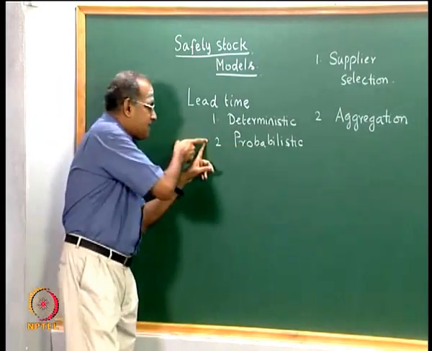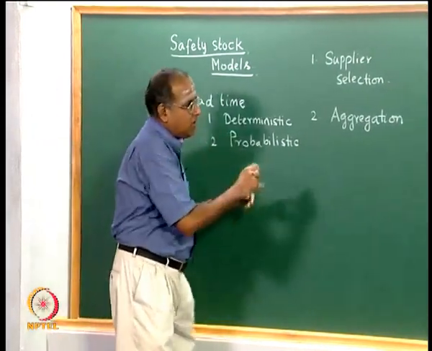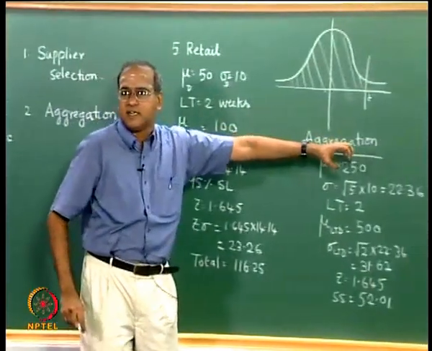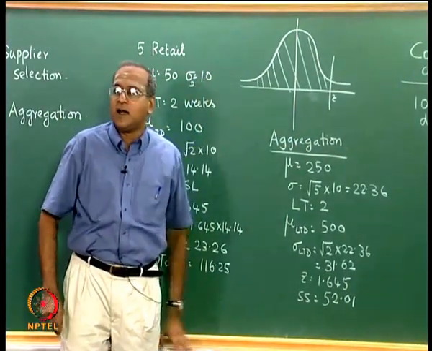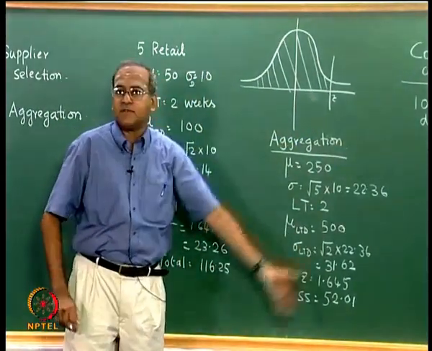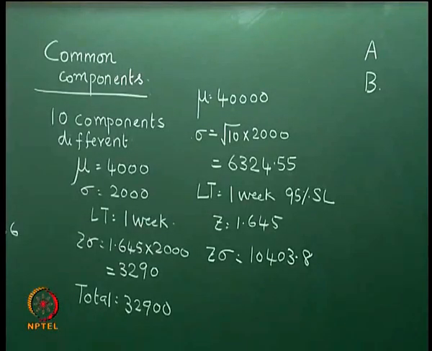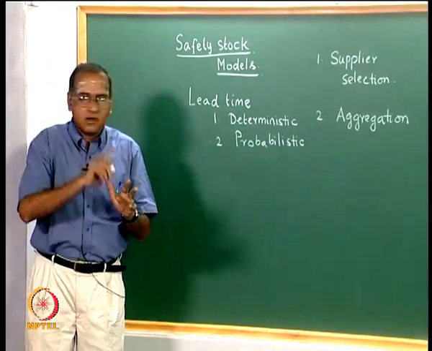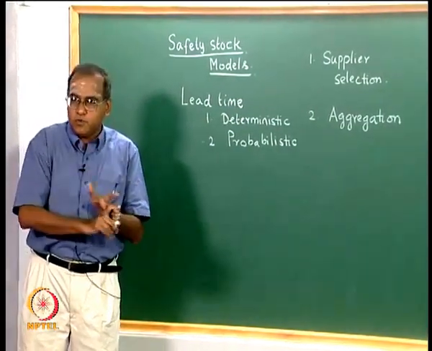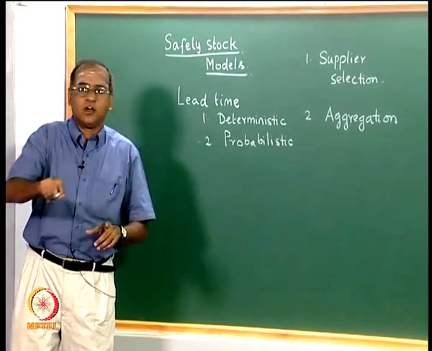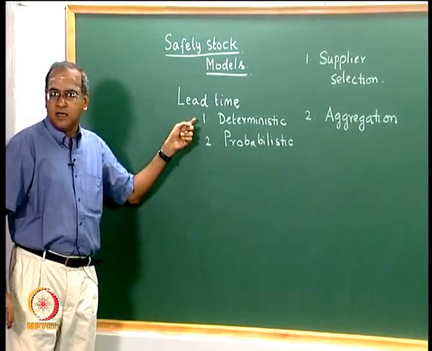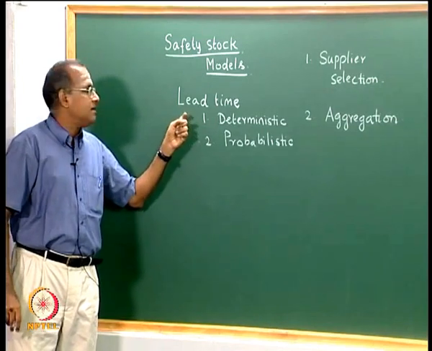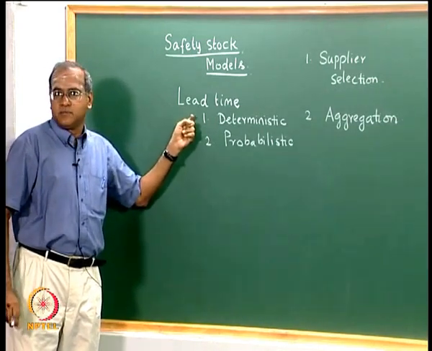So if we are in this territory, then even though this can give us a slight advantage, the total cost would be very high, because in any case the safety stock will be high. So the first thing that organizations have to do in order to benefit from things like aggregation, component commonality, delayed differentiation is to ensure that lead times are deterministic and work with the suppliers to get deterministic lead times.